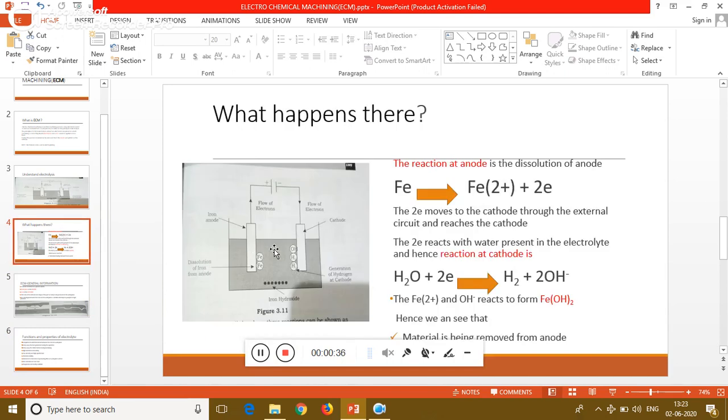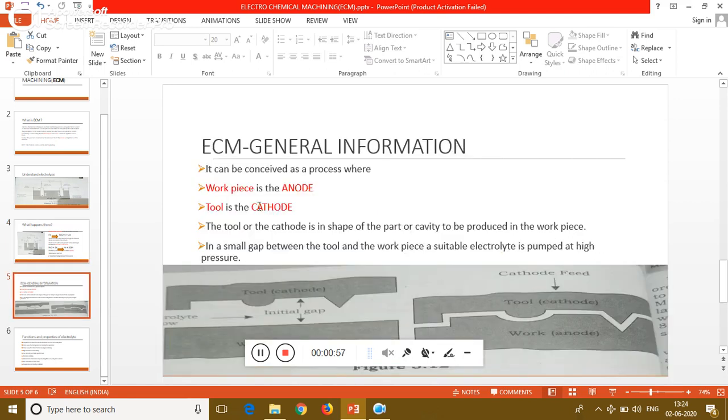So from here the corollary, we can say that if this is applied to some machining process, you can directly make the workpiece to be the anode and the tool as the cathode. So let's move into some of the general information about the ECM process.